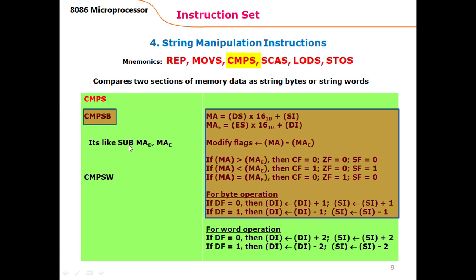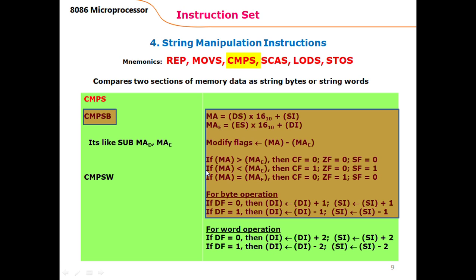So it's better to replace this SUB with CMP, which is the arithmetic instruction. So compare string byte basically performs subtraction of the string byte at the extra segment from the string byte at the data segment, and the flags are affected.